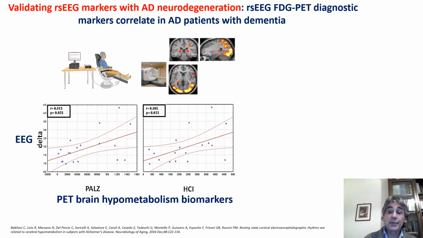The study was performed in Alzheimer's disease patients with dementia, and you see a significant correlation between global delta source activity and the brain hypometabolism. The higher the delta source activity in the cortical sources, the higher the brain hypometabolism in the typical regions related to neurodegeneration.